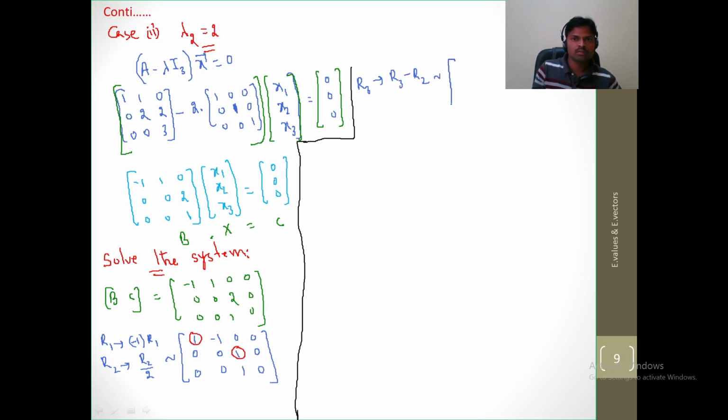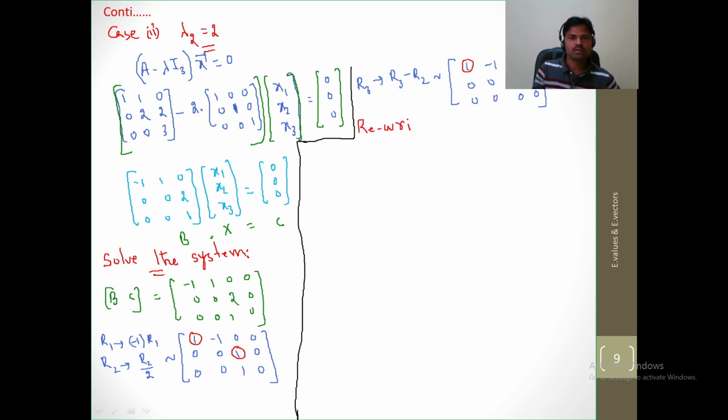Now this matrix becomes 1 minus 1 0 0, next 0 0 1 0, next 0 0 0 0. Now is it reduced echelon? Check once. So it's a perfectly reduced echelon matrix.